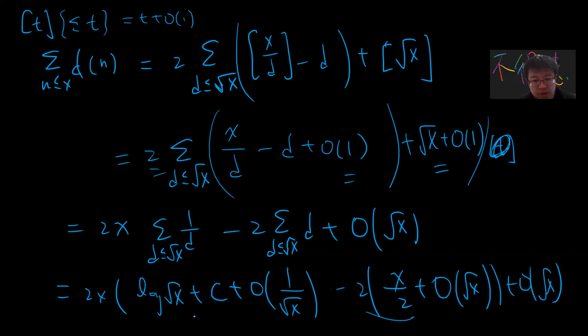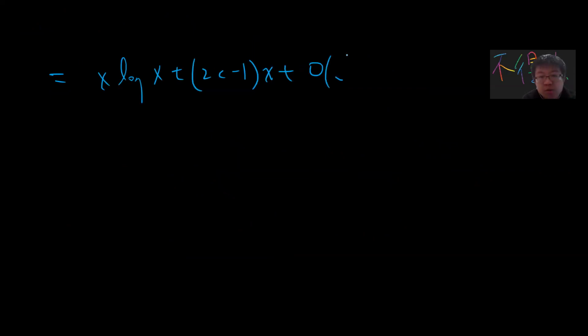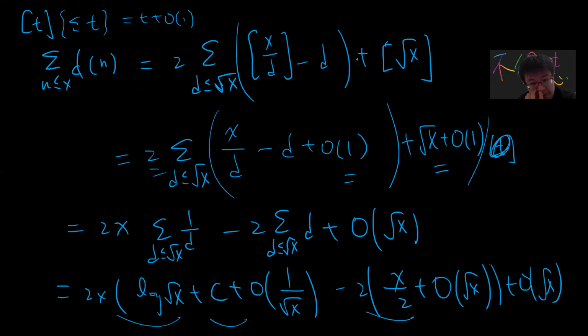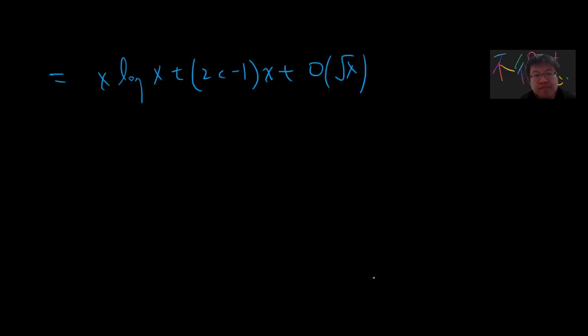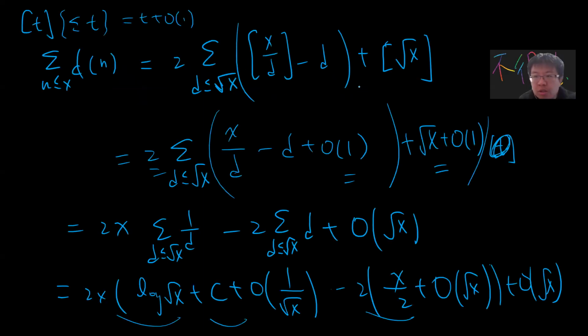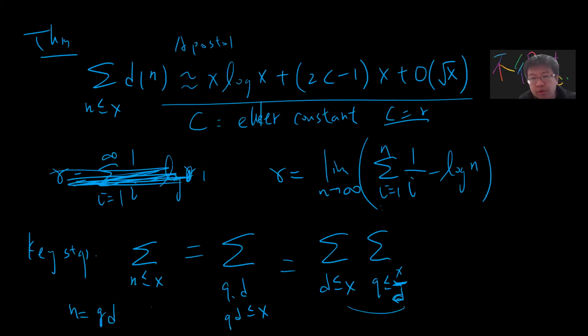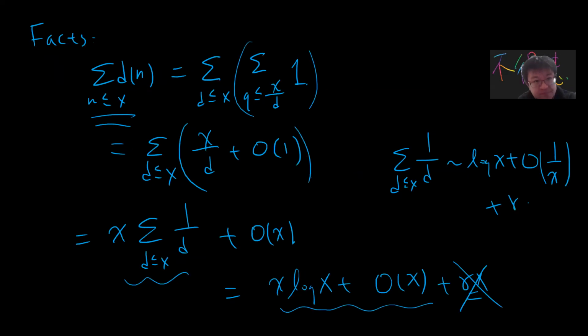Okay, so combine these, then you can get your results. So it's x log x plus (2c minus 1) x plus O of square root of x. So x log x and these x terms. So this is the arithmetic, the average case for this d of n.